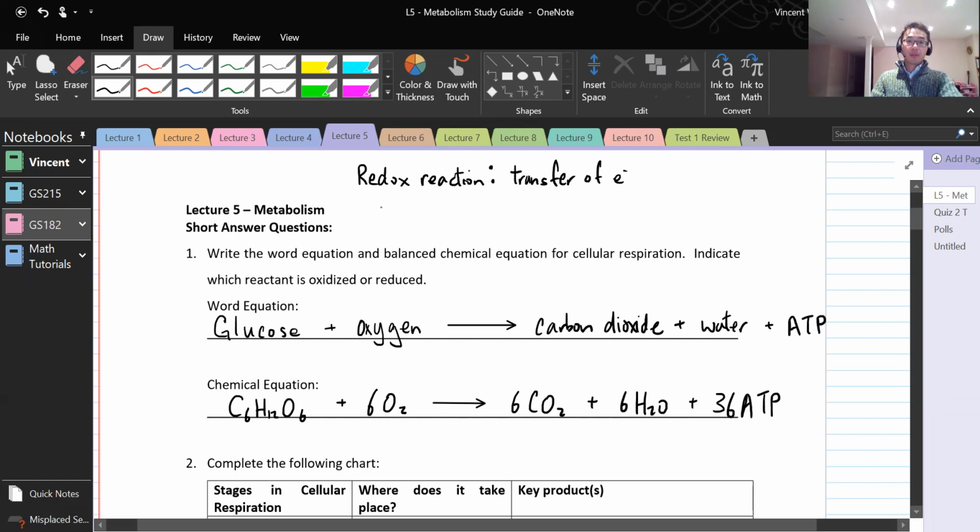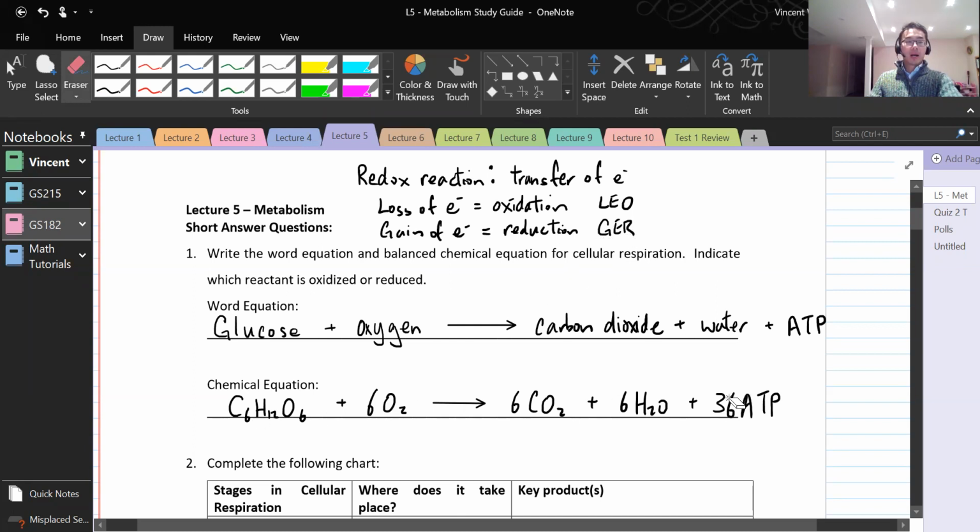Okay, so if something loses electrons, so loss of electrons, we call that oxidation. And a gain of electrons, we call that reduction. Okay, so you can remember LEO, loss of electrons is oxidation, and GER, gain of electrons is reduction.